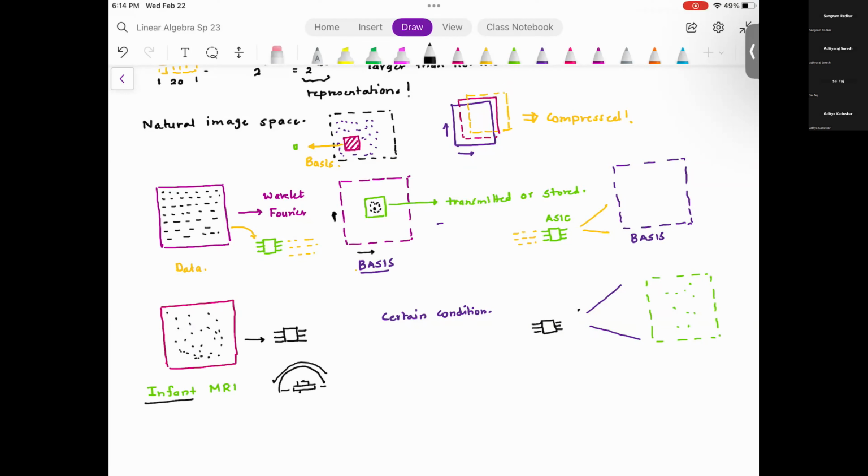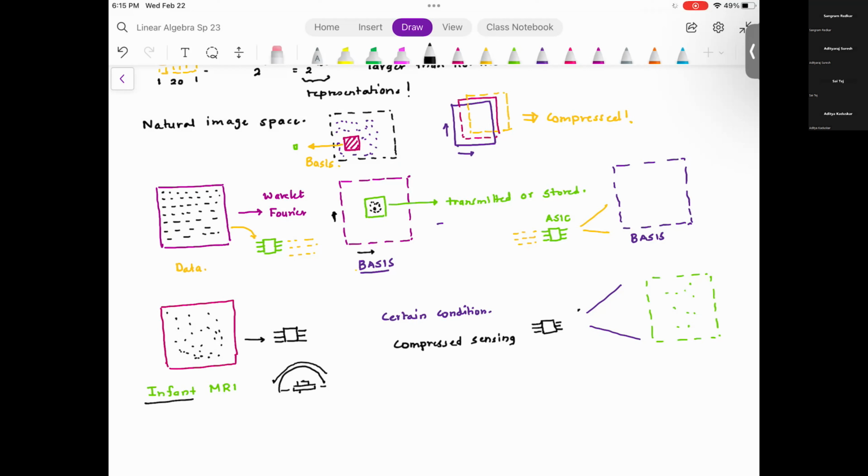So scientists, engineers and physicians faced this problem: how do we do MRIs for infants? What was found is that even though the infant is moving, if you use this approach, which is called compressed sensing, you would be able to capture the MRI accurately.